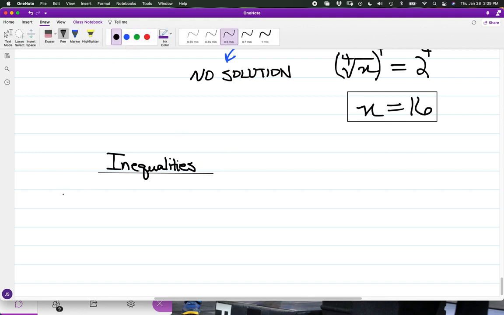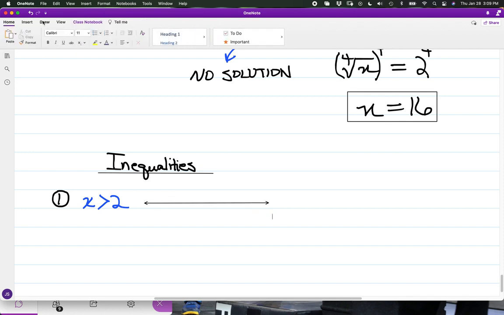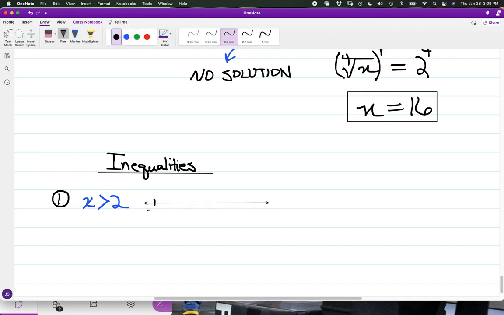Say, for instance, if you have an inequality such as x is greater than 2, and I were to express it in terms of a number line, so in the case of x is greater than 2, I would display it graphically.